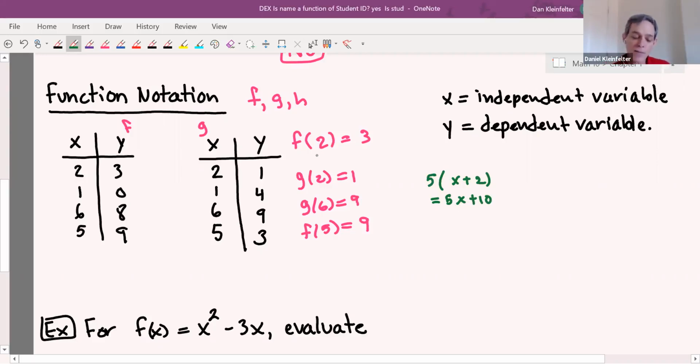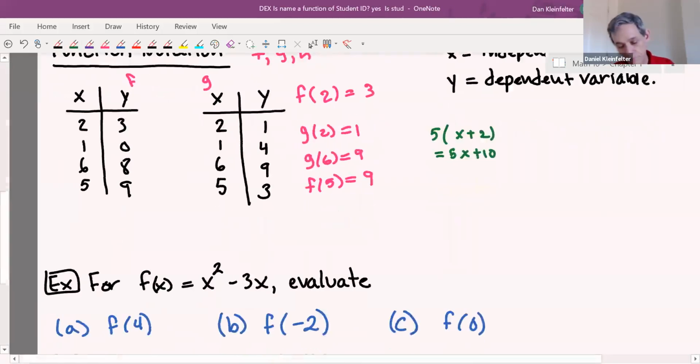Here, we're using a similar setup. We have a symbol up against a left parenthesis. That doesn't mean we're multiplying. That means we're applying a function, and we're giving it an input value, and we want to know a certain output value. We're definitely not multiplying. For that reason, we basically will not use f's, g's, and h's to stand for regular numbers anymore. From this point forward, you can typically think of them just as representing functions.